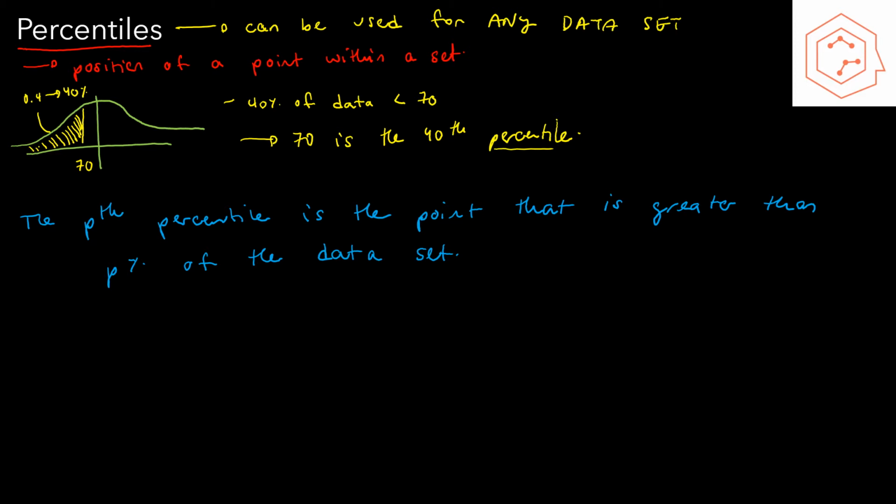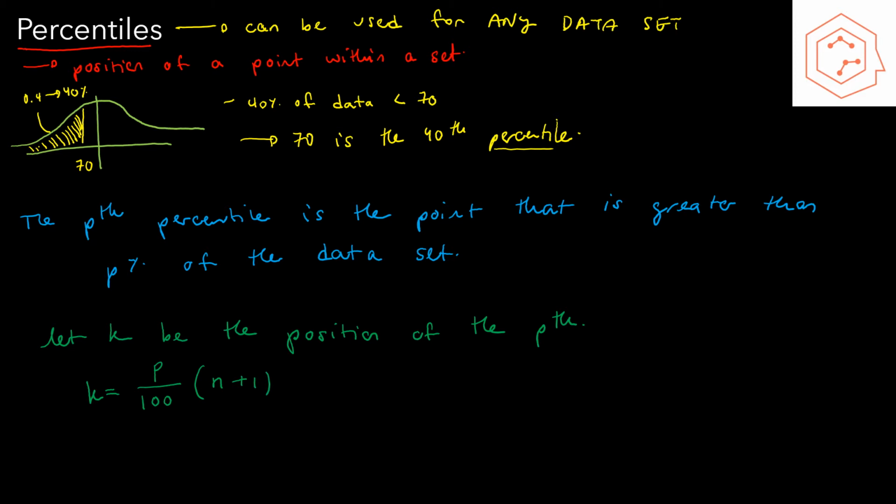And to find this point, in general, we'll say let k be the position of the pth percentile. So if k is 2, that means the pth percentile is at position 2 of the data set. The way we find k is, k is equal to p divided by 100 multiplied by however many points are in the data set, so lowercase n, plus 1.